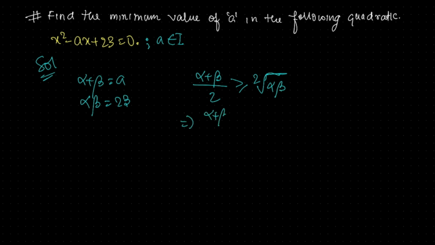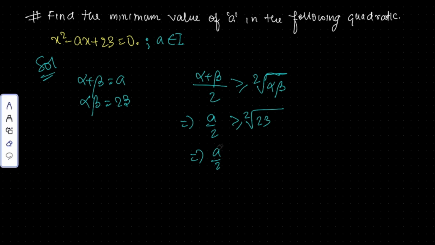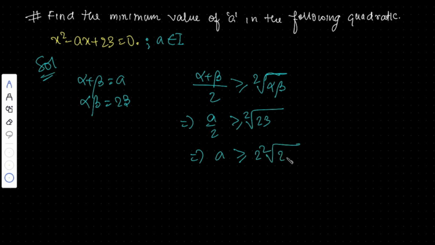Alpha plus beta is a, so a by 2 is greater than or equal to square root of 23. Then a is greater than or equal to twice the square root of 23.